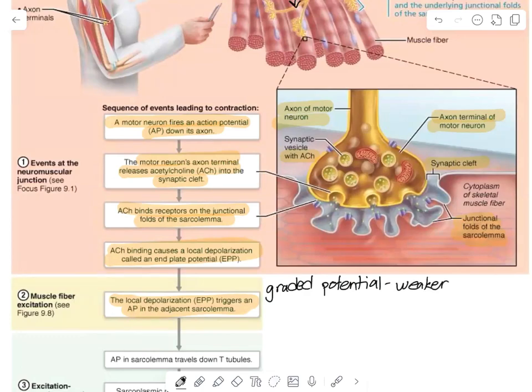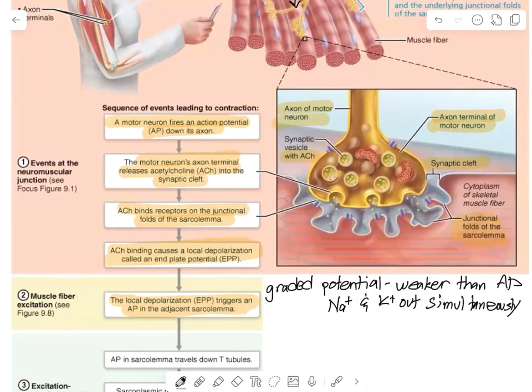So it's weaker than an action potential. So we have sodium going in and potassium going out simultaneously. That makes it different than an action potential. And in this unit, in chapter 11, you're going to learn all about the differences between a graded potential and an action potential.